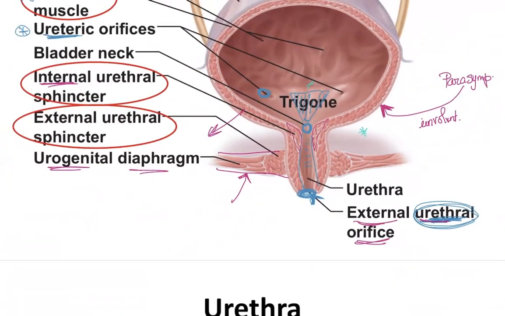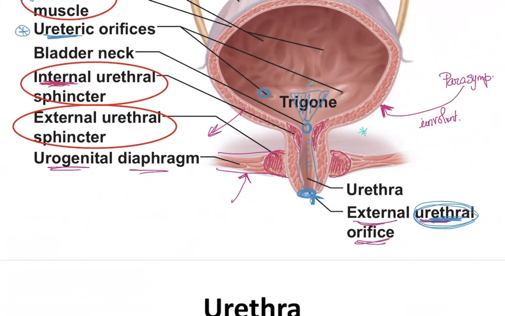This is inside of the urethra. And one located on the outside of the urethra. This is the external urethral sphincter. See, this is my external urethral sphincter. This is my internal urethral sphincter.